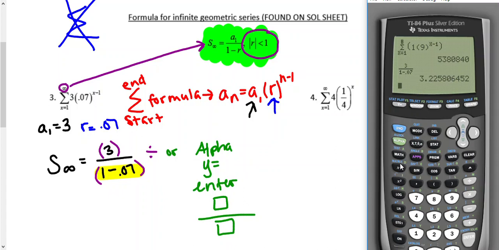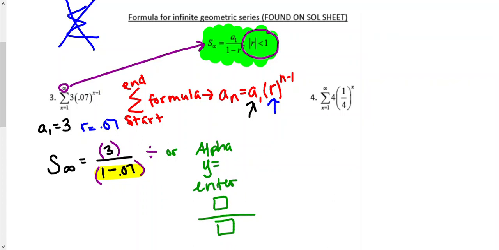So I do want to change that to a fraction, which is math, enter, enter, and I get 100 over 31. So the sum of my infinite series is equal to 100 over 31.